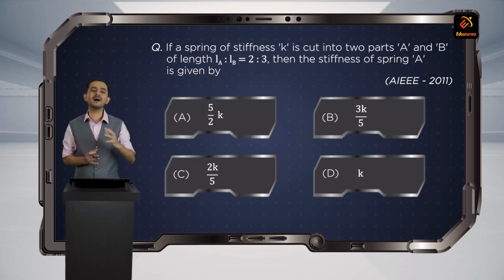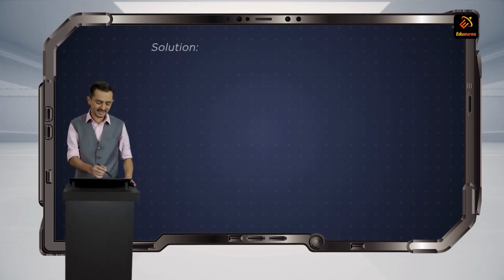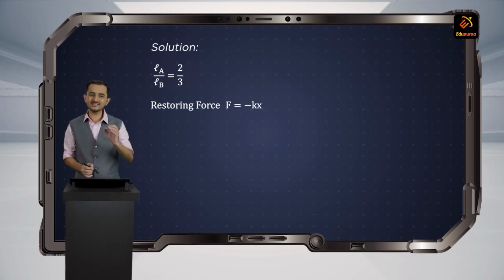First of all, students, we note that in the data it is provided that the ratio of length of part A to part B is 2:3. So we say that LA is to LB will be equal to 2 by 3. Students, the formula for restoring force is minus Kx.